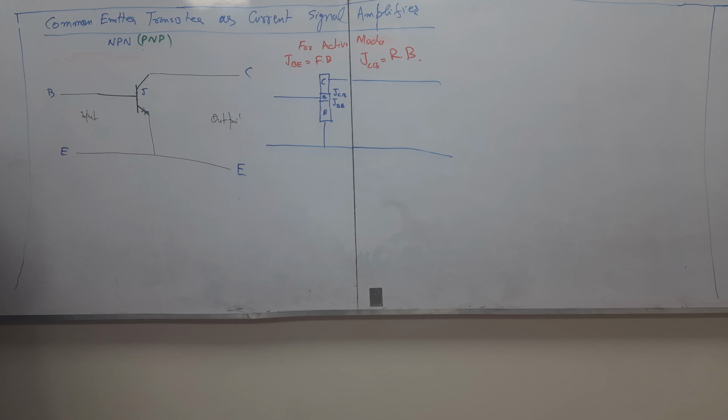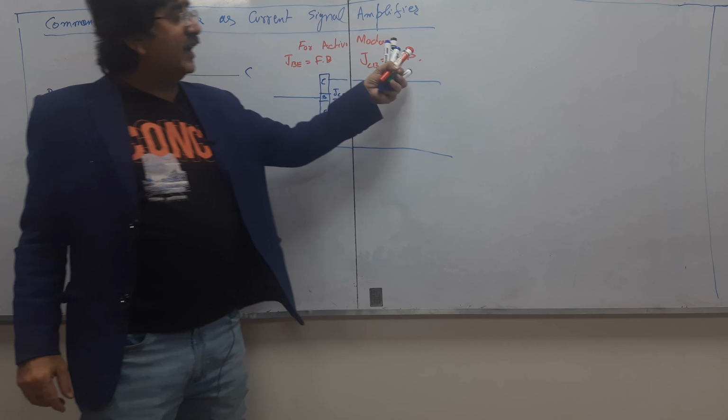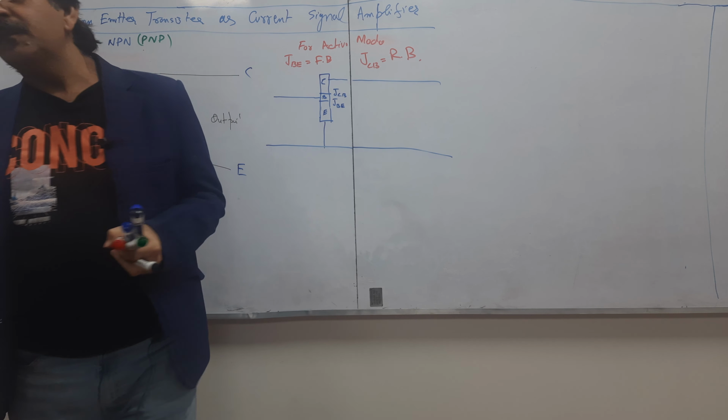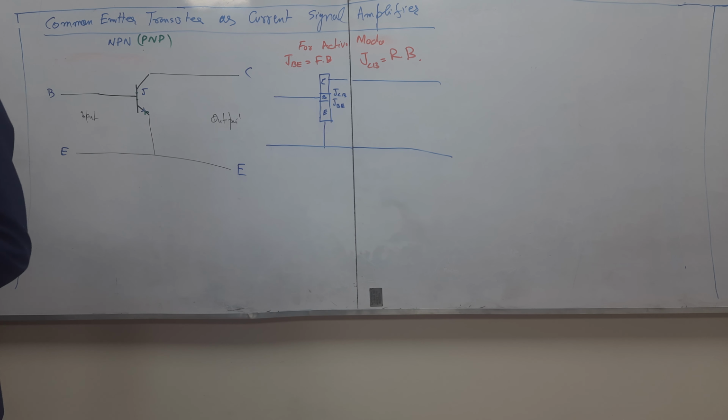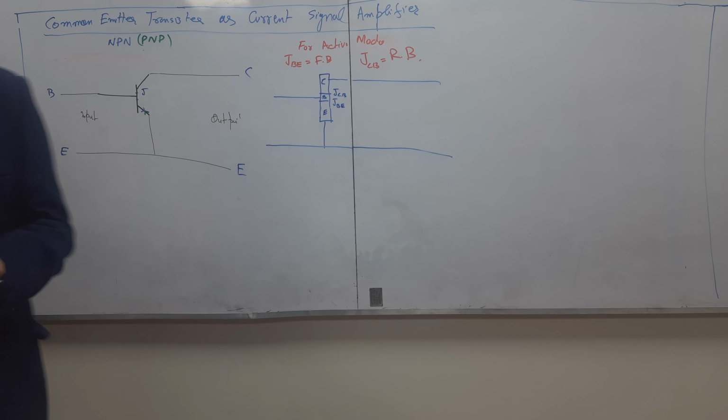What I have discussed is that for active mode, the collector base will be reverse biased, and base emitter will be forward biased.